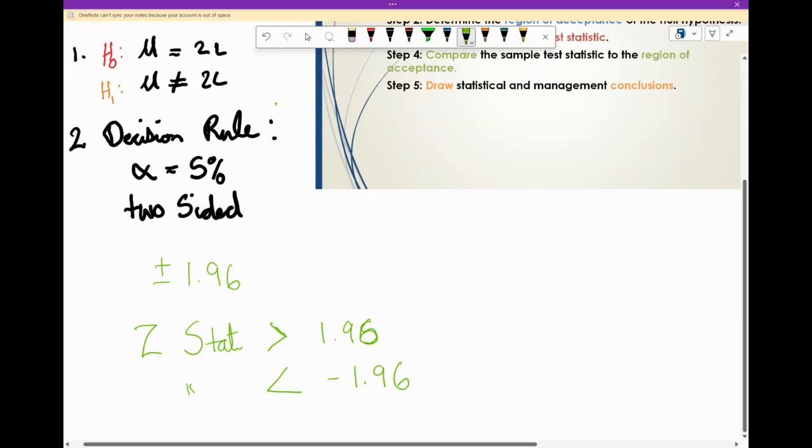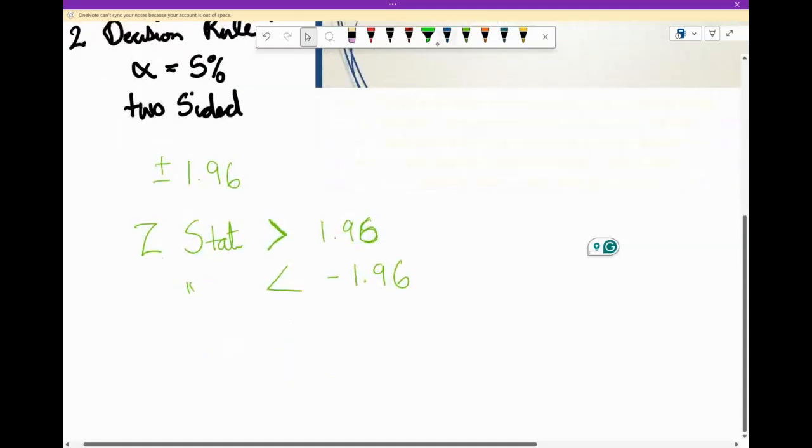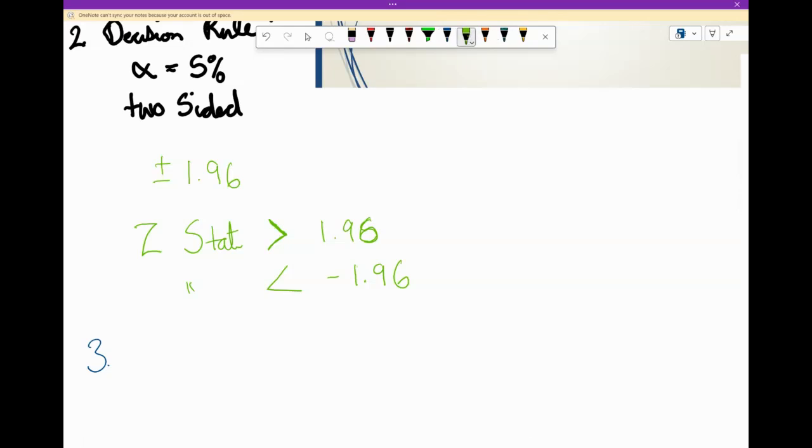Okay, so I was just saying if the score that we get in step number 3, because number 3 is where we actually run our test, where we calculate our sample Z statistic, if that result is greater than a positive 1.96, we are going to reject.